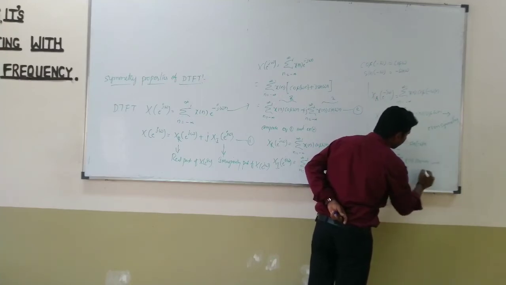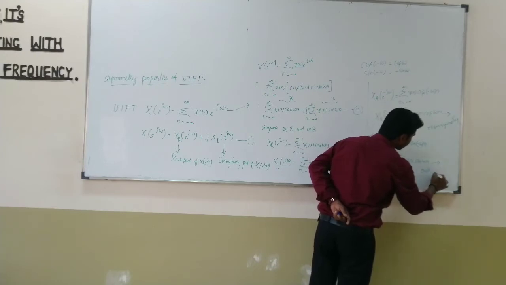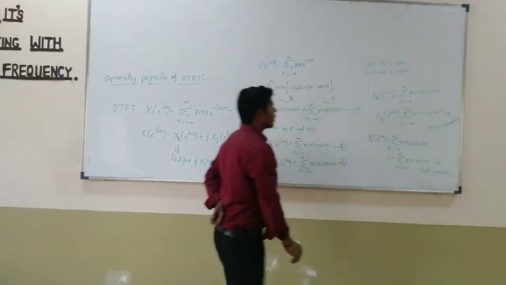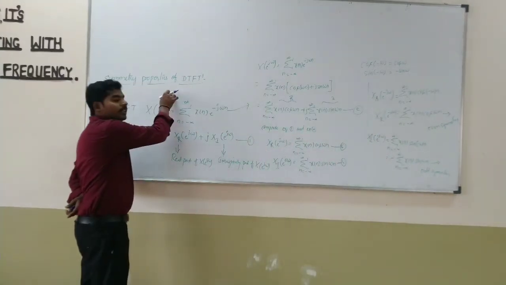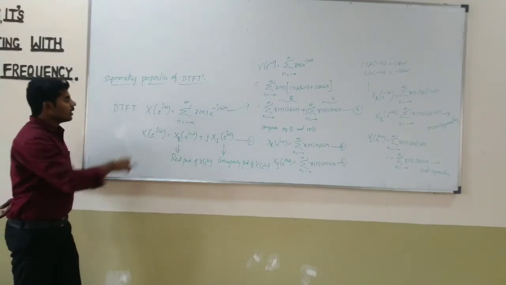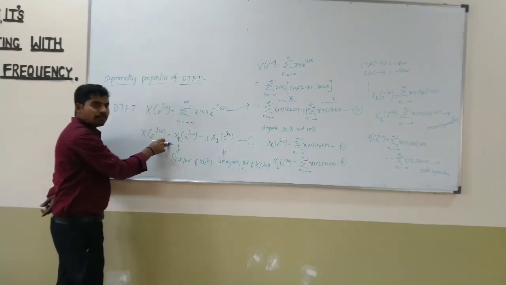So this is generally called odd symmetry. These are the two properties of the DTFT: the first is even symmetry, and the second is odd symmetry. They can be represented in rectangular form.